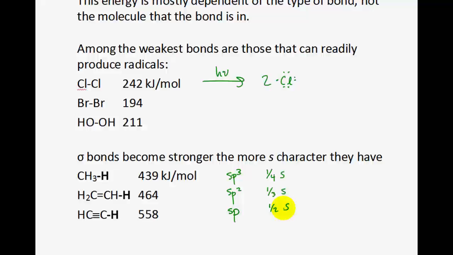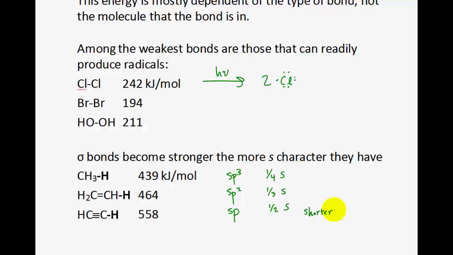Why is that? Remember, when we're doing hybridization, s was a sphere in the middle. p's were those two-lobe dumbbell-shaped things. So s is closer to the nucleus. So sp3 to sp2 to sp, those are shorter bonds once we get to sp. So a shorter bond is tighter and stronger.